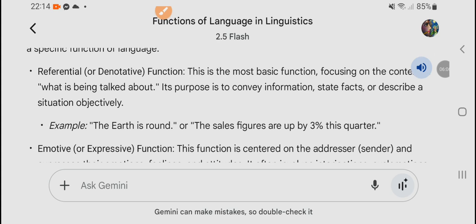First of all, you have to find out the context and understand what I am telling you. Its purpose is to convey information, of course, through language, to state facts, or to describe a situation objectively. Sometimes we describe a situation but we are not involved.